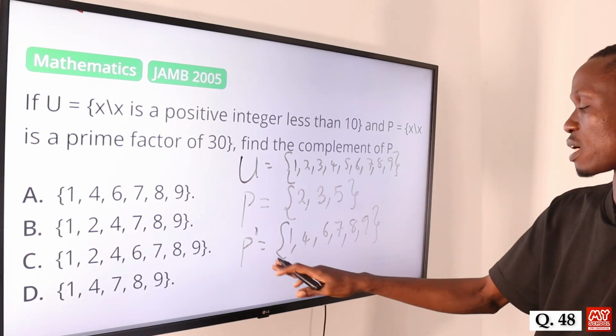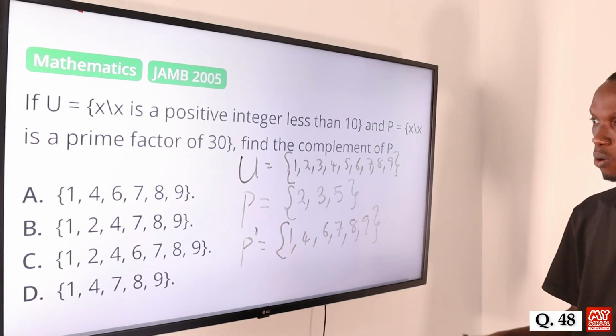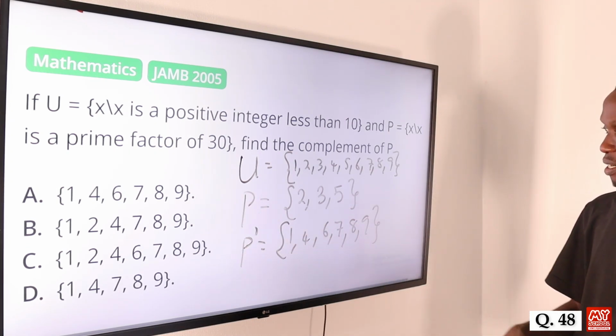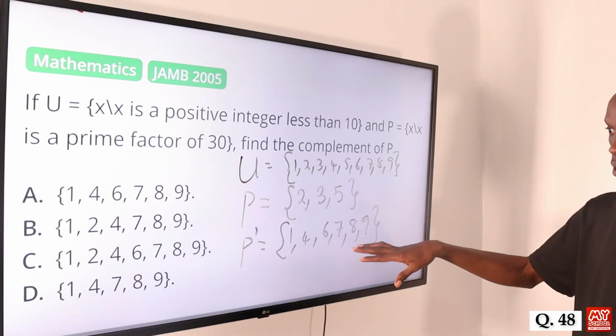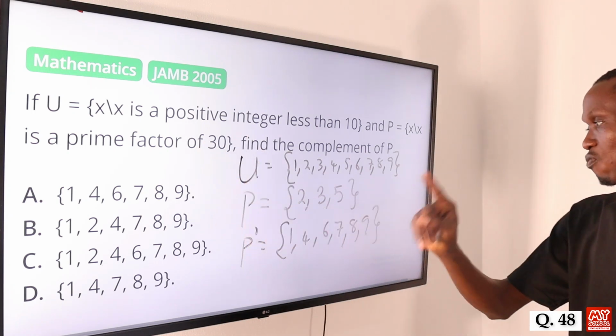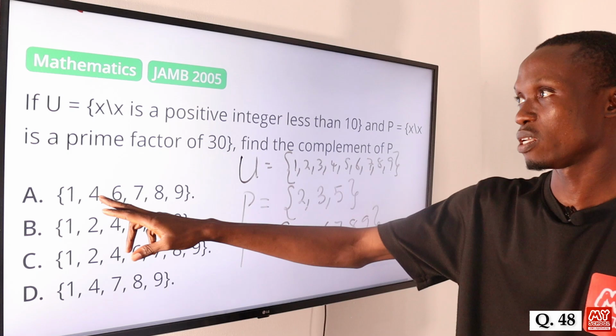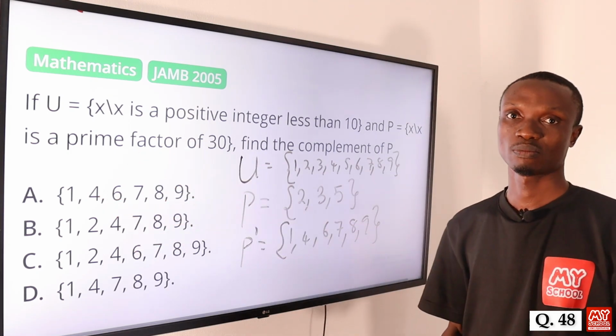So these are the elements of P complement or P prime. The option that agrees with what we just did is option A, which is 1, 4, 6, 7, 8, and 9. So option A is the correct answer to this question.